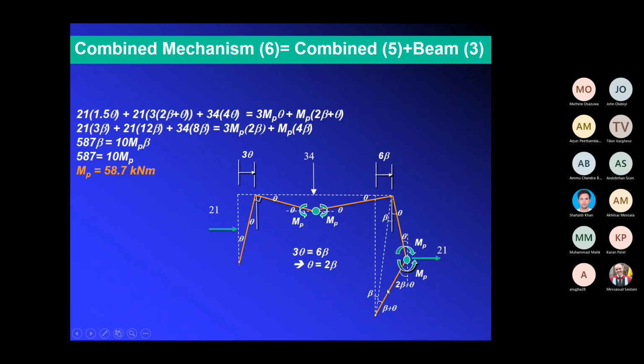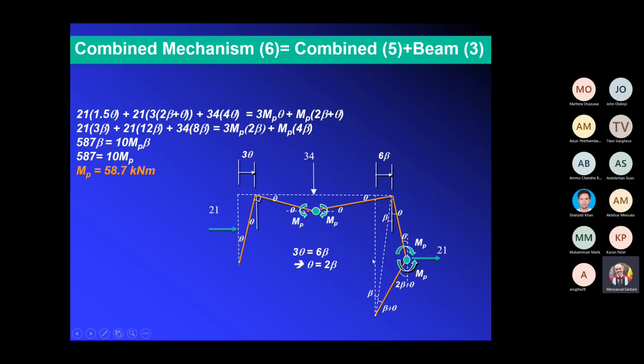So that's 21 here, because remember the column here is 6 meters high, so at the midpoint we have 3 meters. Therefore the displacement is 3 times 2 theta plus beta.